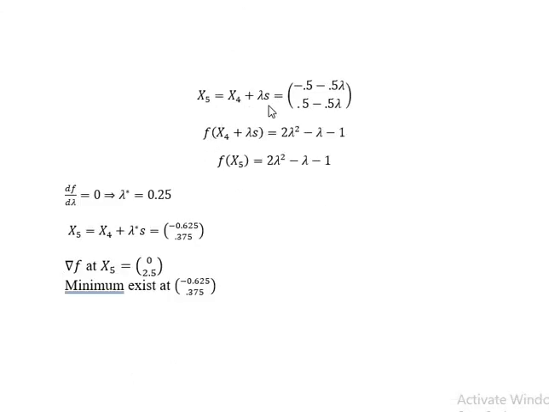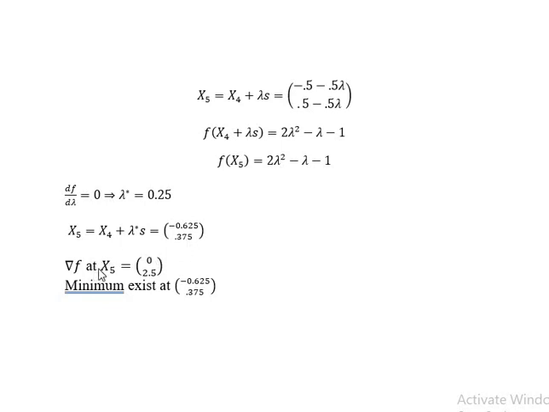x5 equal to x4 plus lambda s. Substitute this value in the function. So you will get a quadratic equation in lambda, that is equal to lambda square minus lambda minus 1. Then to find the minimum, find the derivative and equate to 0; we will get lambda star equal to 0.25. So x5 equal to x4 plus lambda star s, that is equal to (-0.625, 0.375).